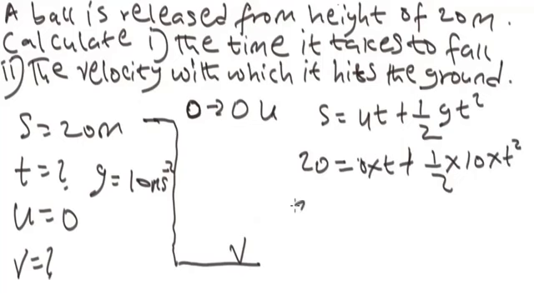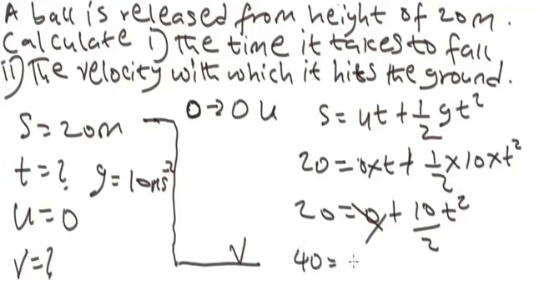When you simplify this, you're going to have 20 equals 0 plus 10 t square. Simplifying more, if you cross multiply, 20 times 2 is 40 equals 10 t square.